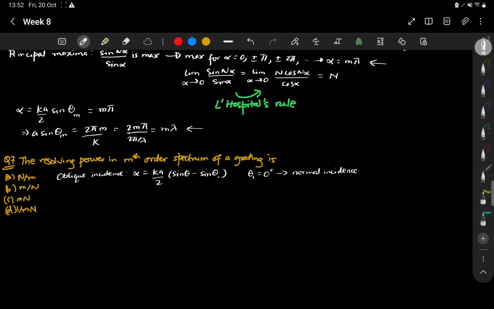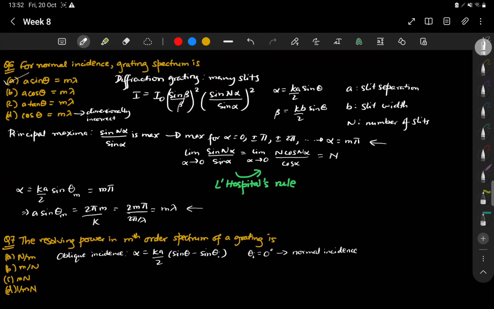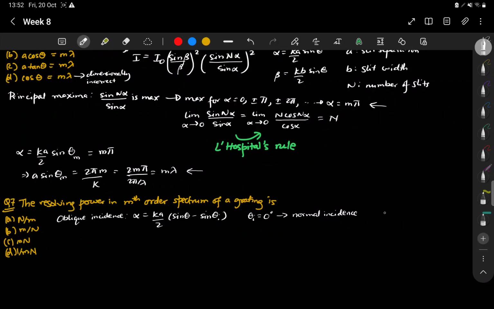And also we had this intensity equation from here. So what we had was I equals I naught sine beta over beta, squared, times sine n alpha over sine alpha, squared.